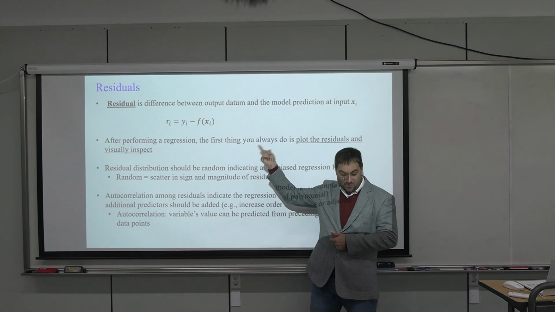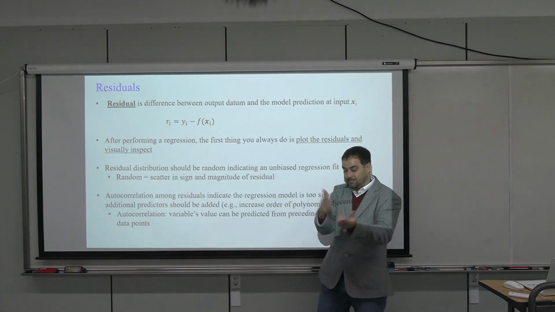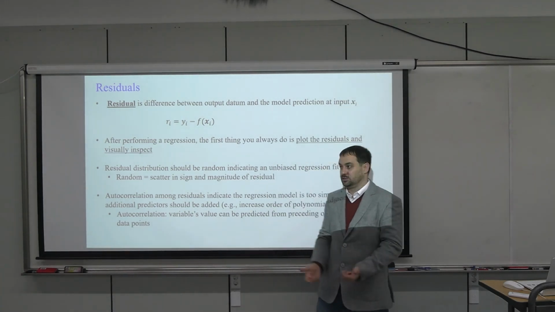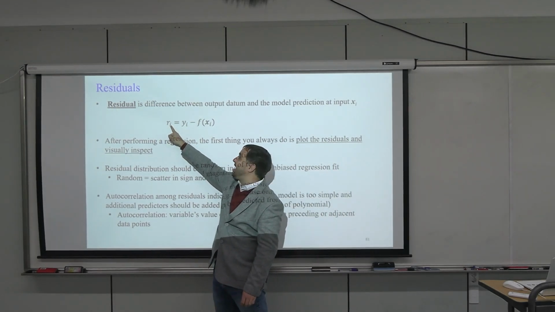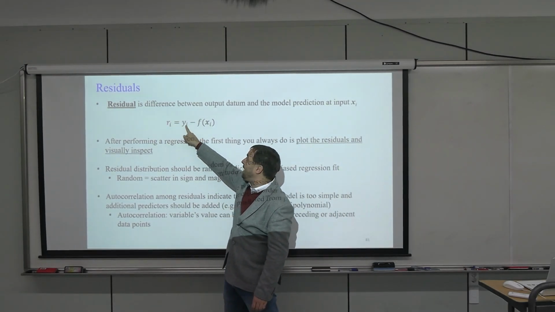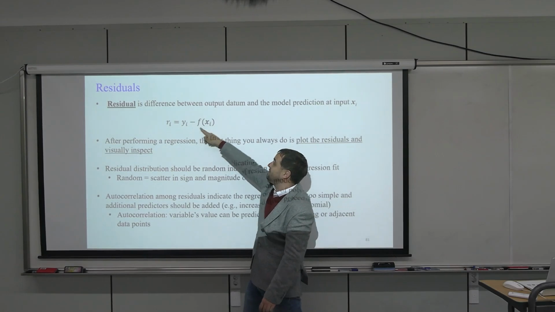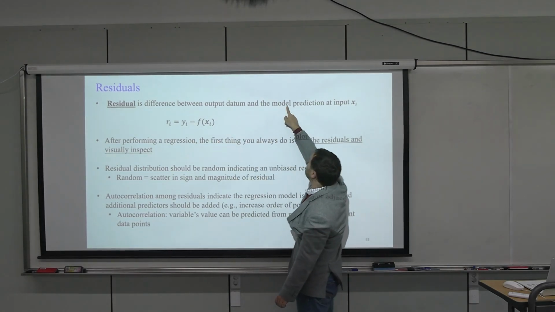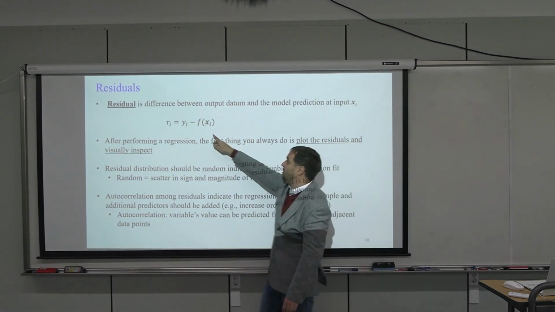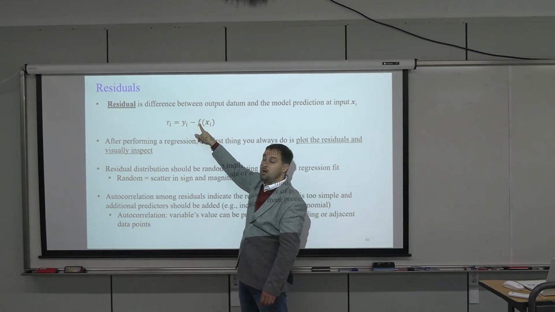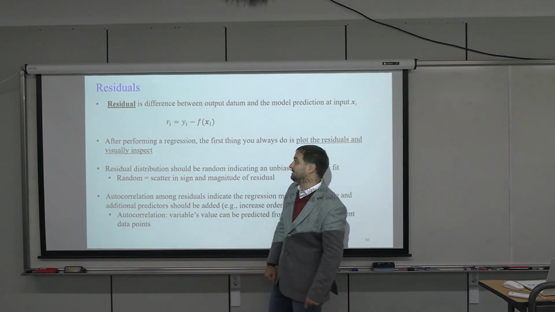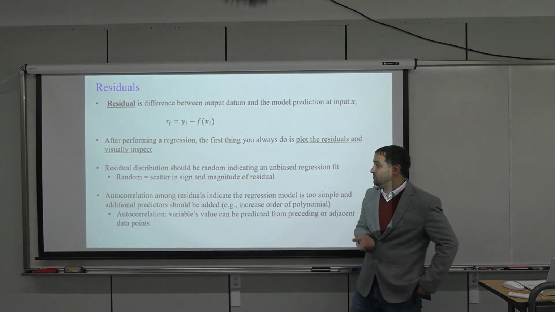The square of the residual is the residual, and the summation of all of them is the residual sum of squares. So this should be reviewed. So the residual for the ith data point, Ri equals Yi, that's the output datum, minus the model prediction at input xi. So f of xi, that's the regression model evaluated at input xi. So that's our ith residual.